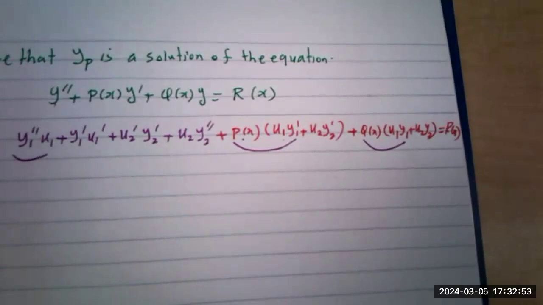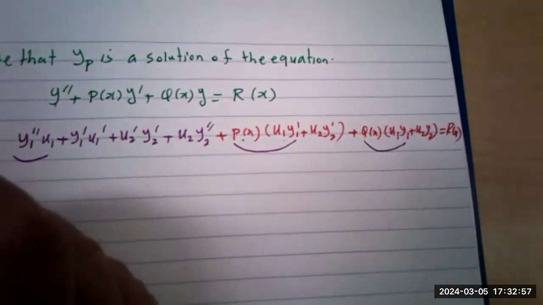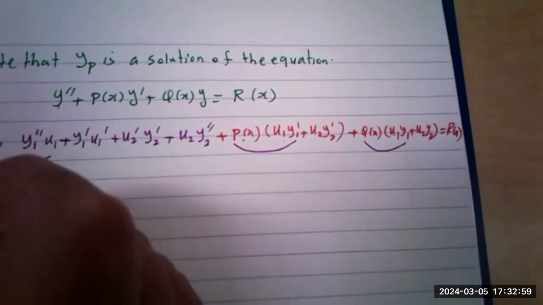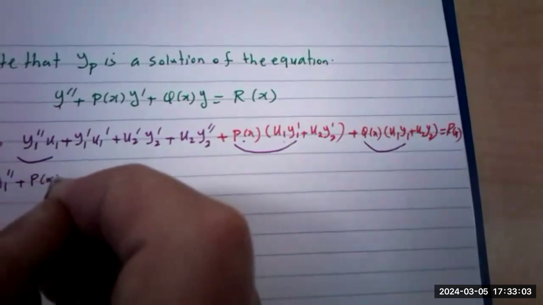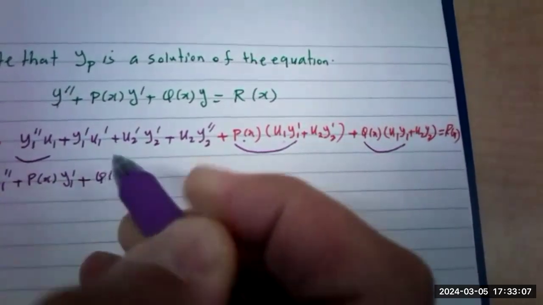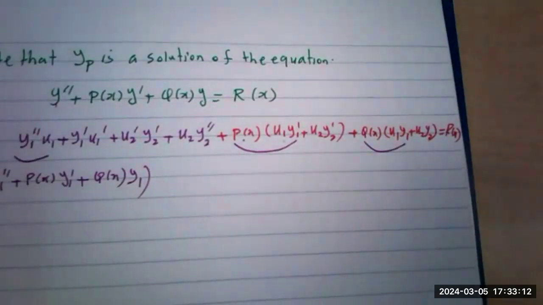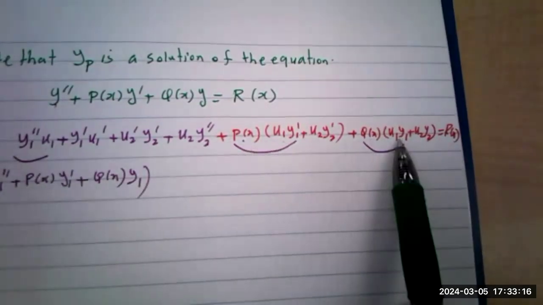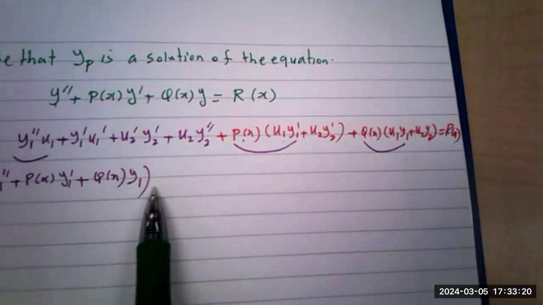So what are you going to have? If you put three terms together and at the same time factor out the u1, that gives me u1 times y1 double prime plus p(x) y1 prime plus q(x) y1. See the inside? What is this?